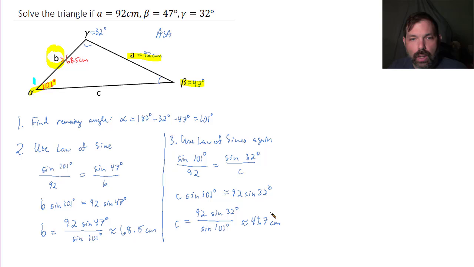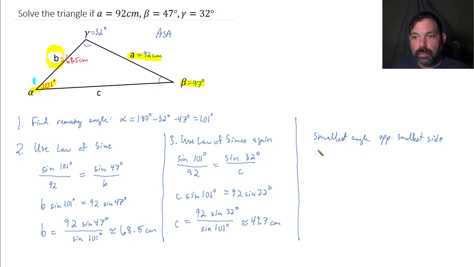A good thing to check really quick is that, generally speaking, in a triangle, the smallest angle will be opposite the smallest side, and similarly, the largest angle is opposite the largest side. That can be a quick check.